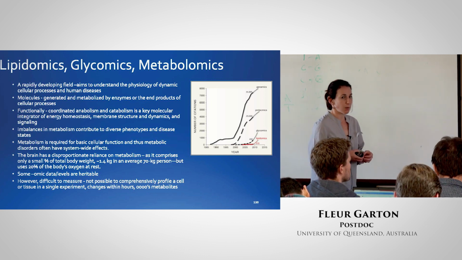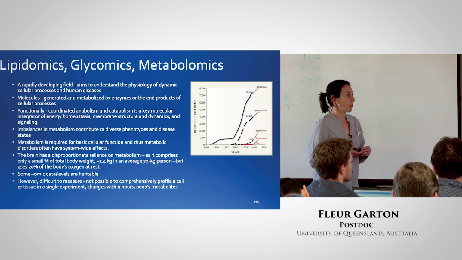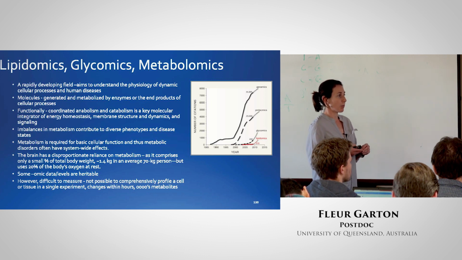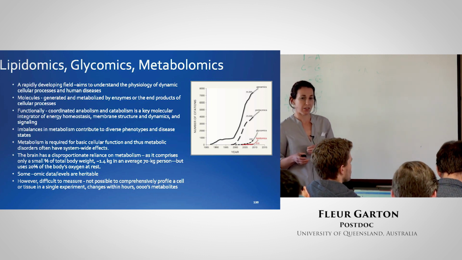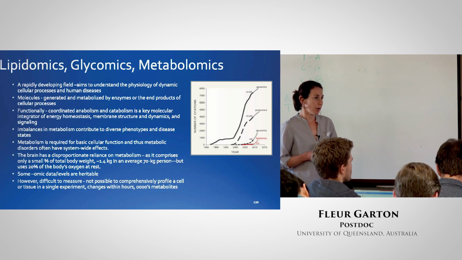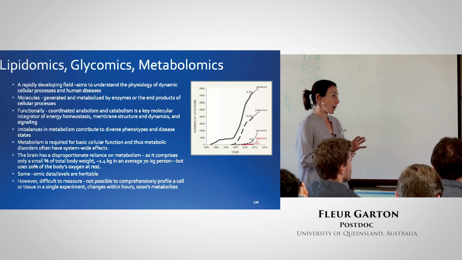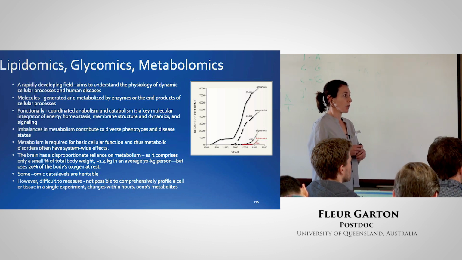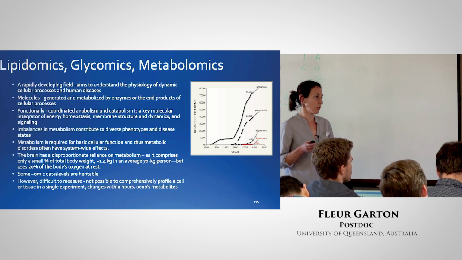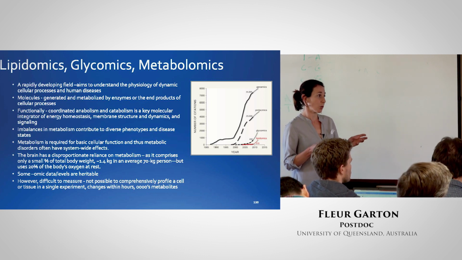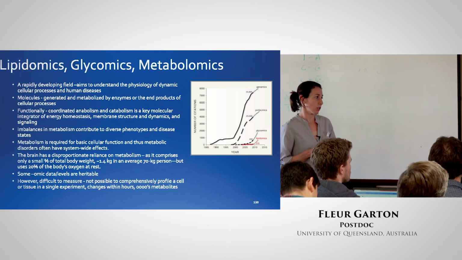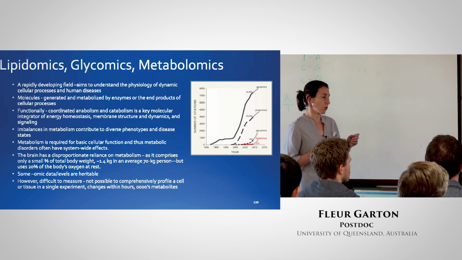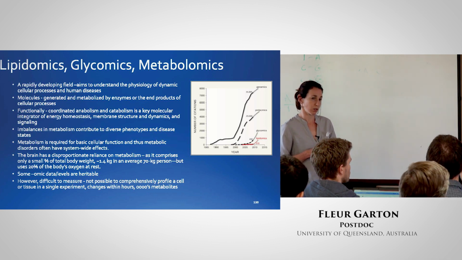So obviously metabolism is required for basic cell function, and so metabolic disorders often have system-wide effects. In terms of the brain, it actually has a disproportionate reliance on metabolism. So it comprises quite a small percentage of total body weight, but uses quite a high proportion of the body's oxygen at rest.